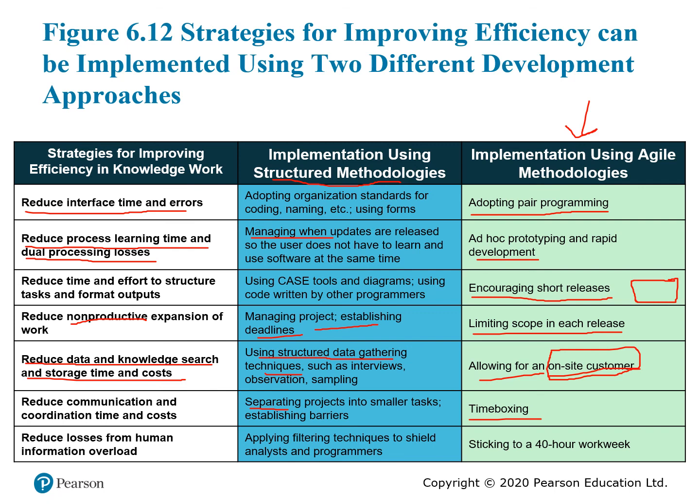Under the structured methodology, we have the strategy of applying filtering techniques to shield the analysts and programmers, whereas for the agile methodologies we have sticking to a 40-hour work week, meaning devoting the time for programmers, analysts, and even the on-site customer to complete the work on time.